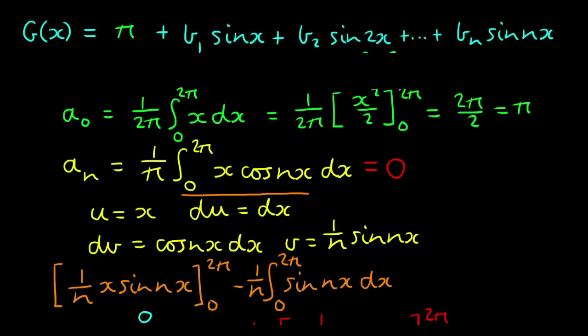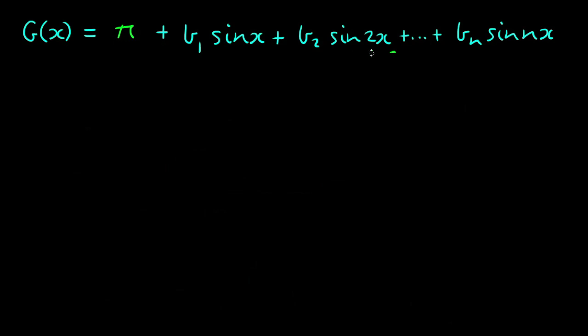And now if we do the same thing to get the sine terms, so bn is 1 on pi by the integral from 0 to 2 pi, and we're integrating f of x by sine nx with respect to x.